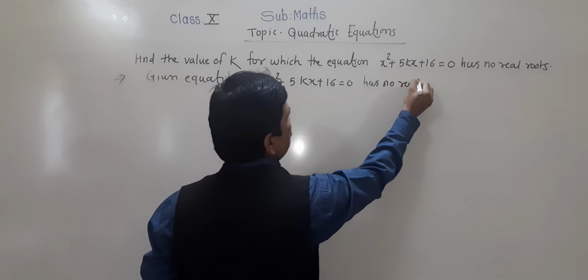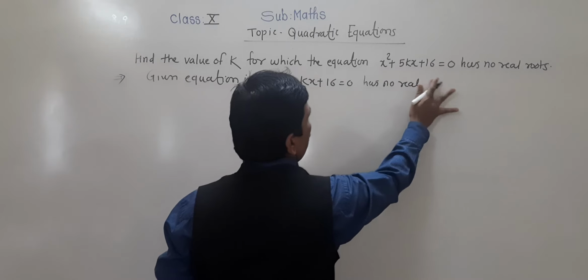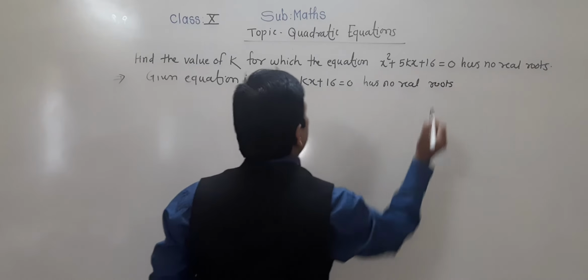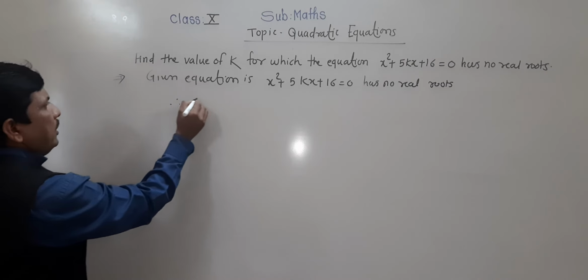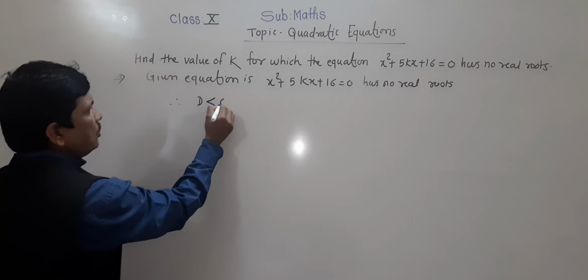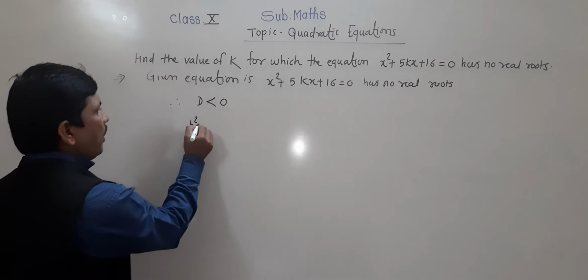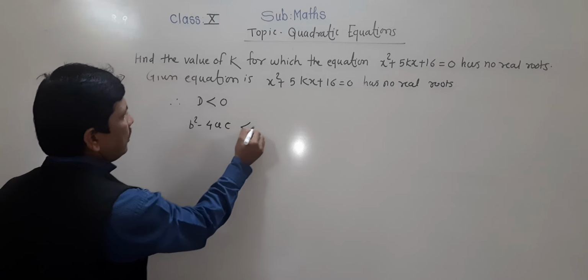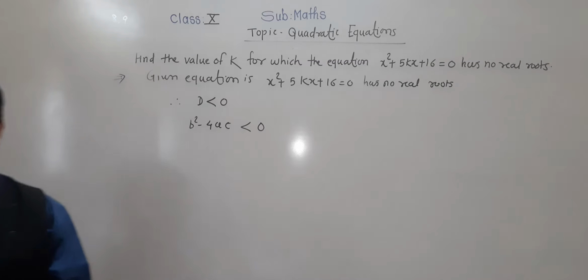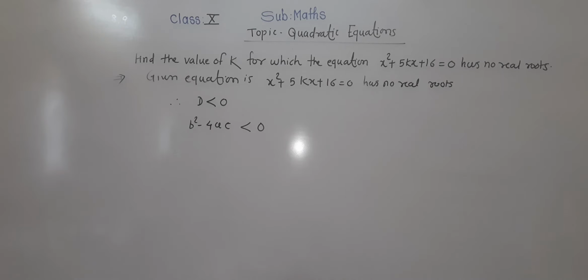So definitely D is smaller than 0. That is, b square minus 4ac is smaller than 0.